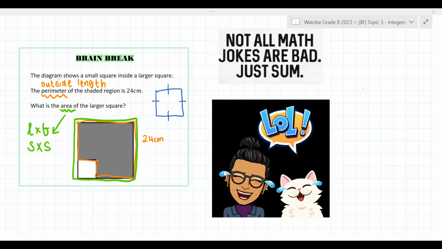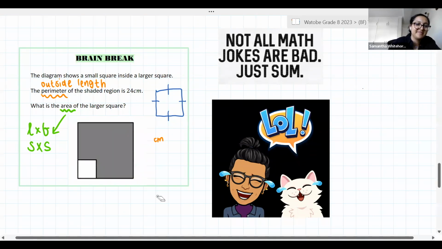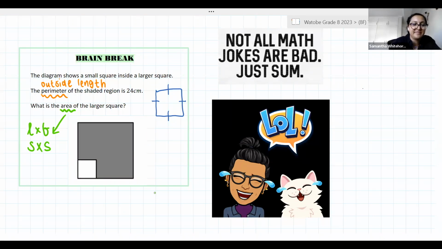Hey, so our winner is actually Maseko. Do you want to raise your hand so you can explain to the class how you got that 36 centimeters squared? It will be very good for you to explain how you arrived at that. Fau, I didn't see your answer in the chat.